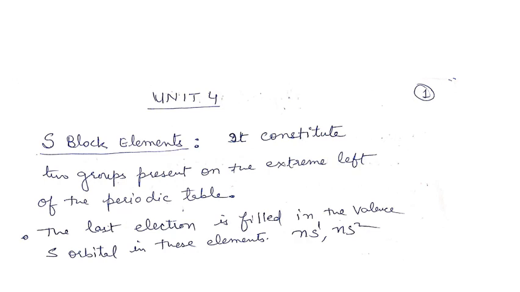Which elements are considered to be S block elements? In the periodic table, it consists of two groups, the first and the second. Group 1 and group 2 are the S block elements. Why are they classified as S block elements?